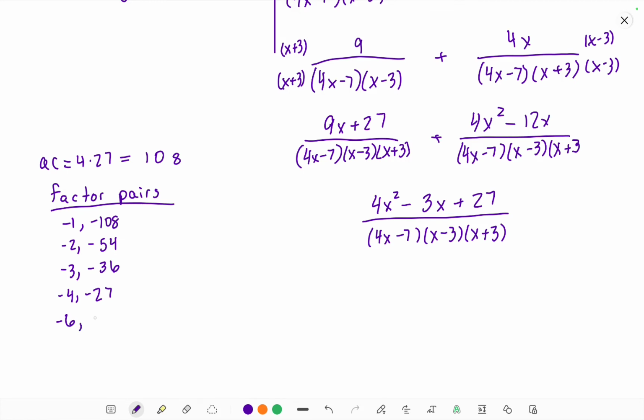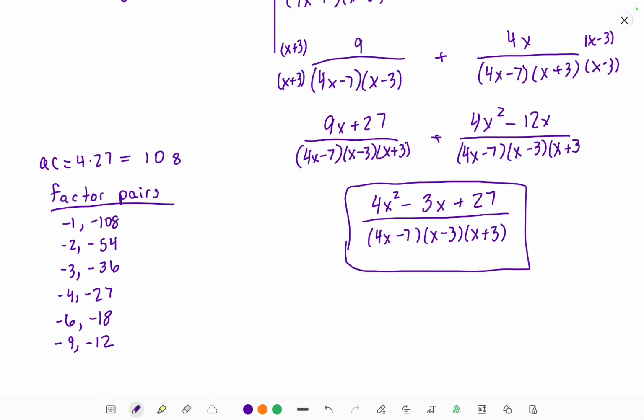Negative 6 and negative 18, negative 9 and negative 12. 10 doesn't work, 11 doesn't work, so that's all of them. And after a quick inspection, you'll see that none of them add up to negative 3. So the top doesn't factor. This is our final answer. And that is it for section 9.1 part 3.